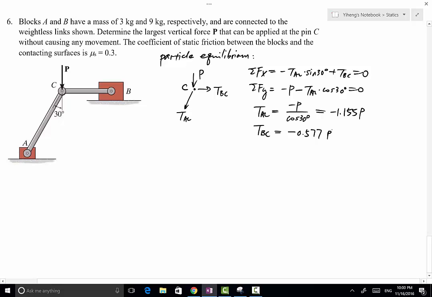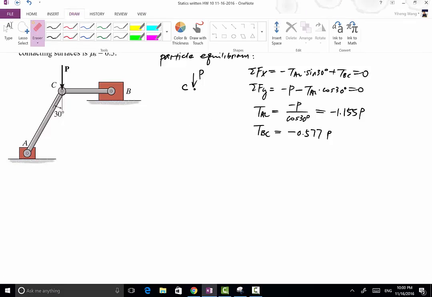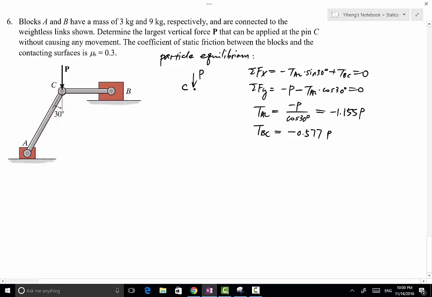It simply means that the forces at point C should be compressive. Initially I drew both forces to be tensile, but after the calculation, I realize that both of them should be compressive.